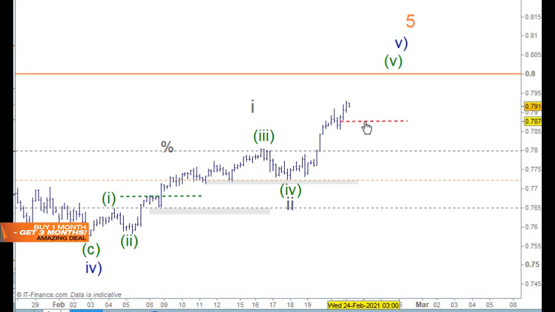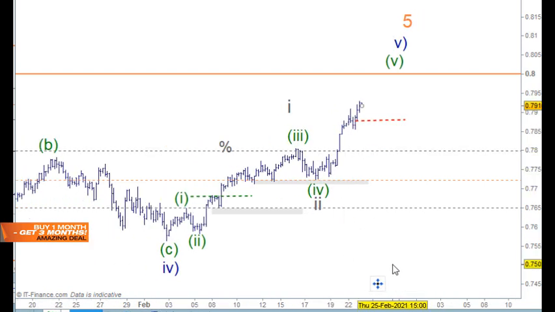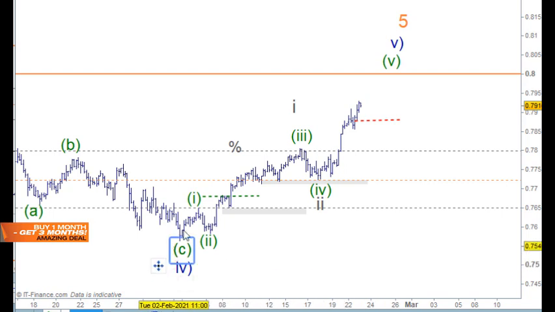We could just put it up under this low here. You do your own thing, but this 5-wave structure from here just appears to be looking complete at this point. But yeah, 1, 2, 3, 4, and 5 coming in here somewhere.